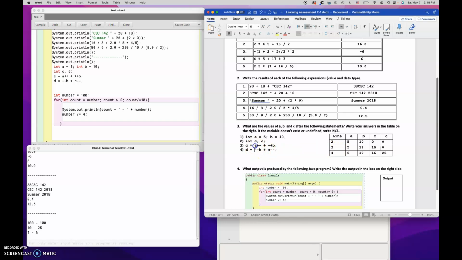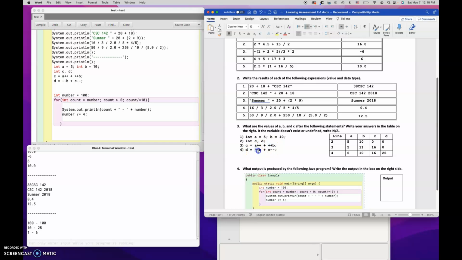Okay, for A, we're going to go back. A equals 6, since I said that when we see the plus plus after the operation, A will be incremented by 1. So A equals 5 plus 1, which is 6. B, we have B here 11, right?